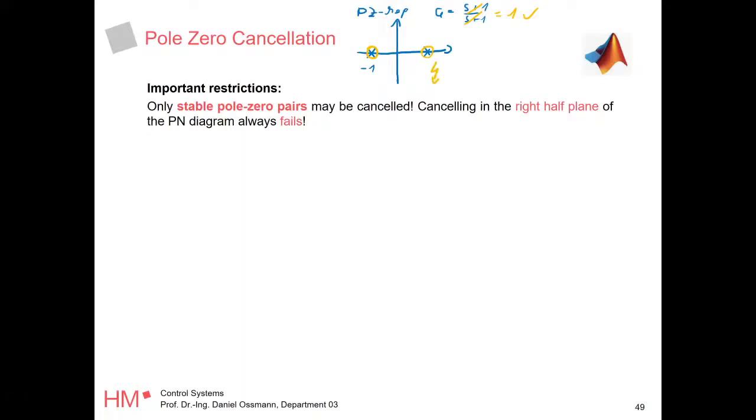Why? There's a simple explanation why you're not allowed to do this. And actually MATLAB, I think, doesn't do it either when you have an unstable pole. On the left-hand side, the eigenbehavior is still there in your system, it just doesn't show up in the output behavior.